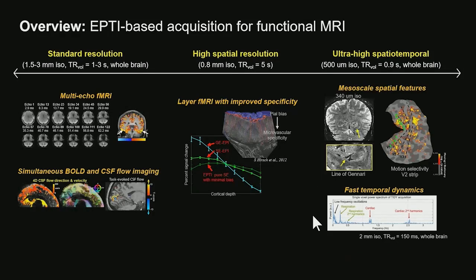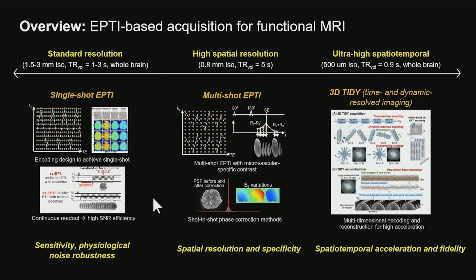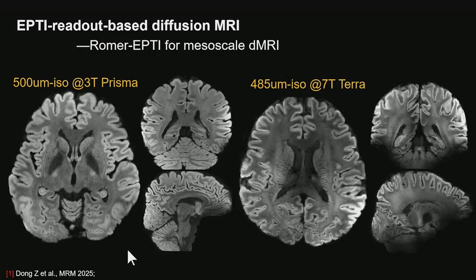So with this, I hope the talk about EPTI has shown different applications that are enabled by developing these different variants of techniques, acquisition and reconstruction, tailored to address different needs.